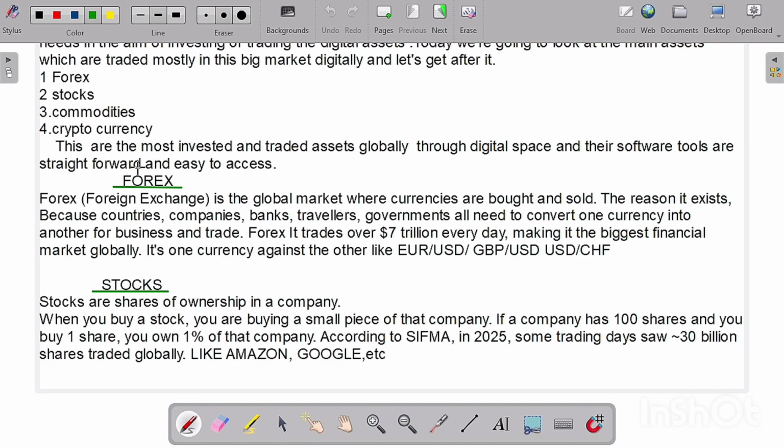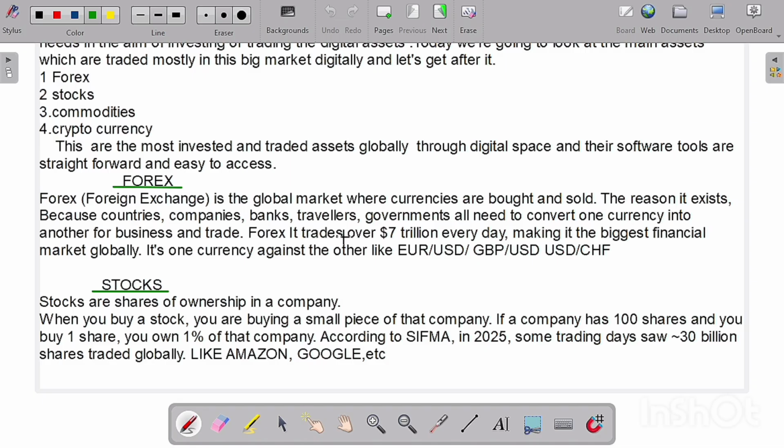So we'll start with forex. Forex is short for foreign exchange. It is a global market where currencies are bought and sold. The reason it exists is because countries, companies, banks, travelers, and governments all need to convert one currency into another for business and trade.